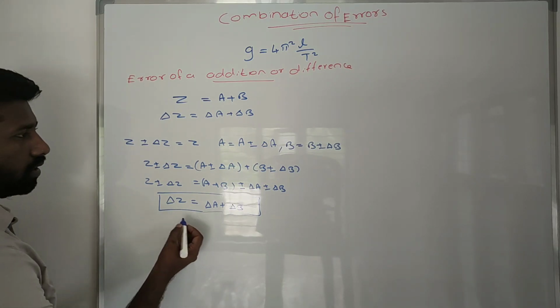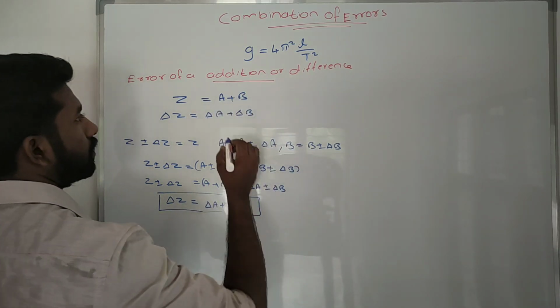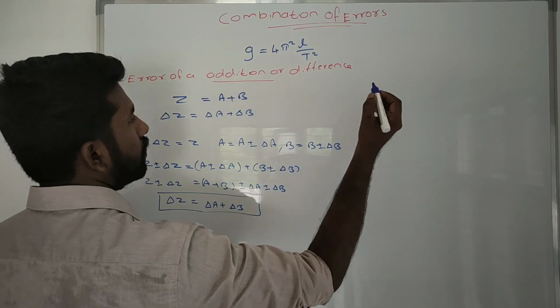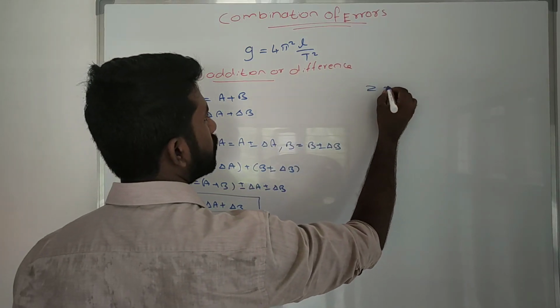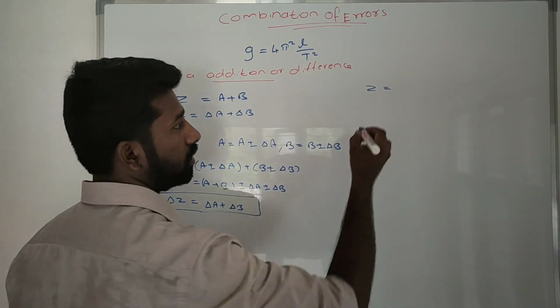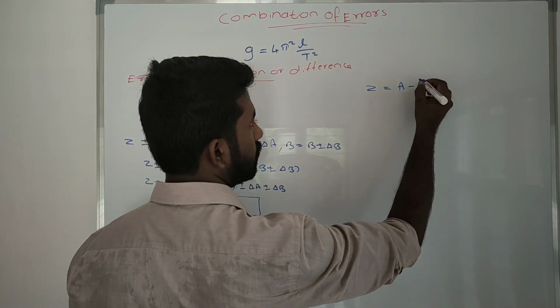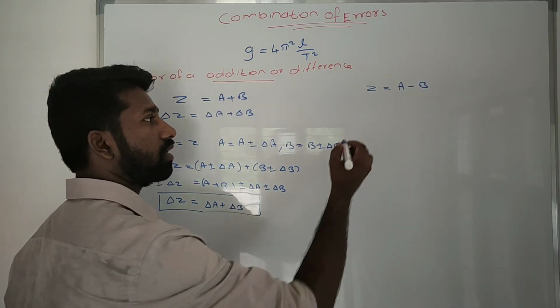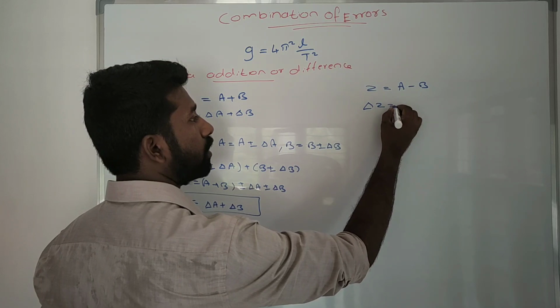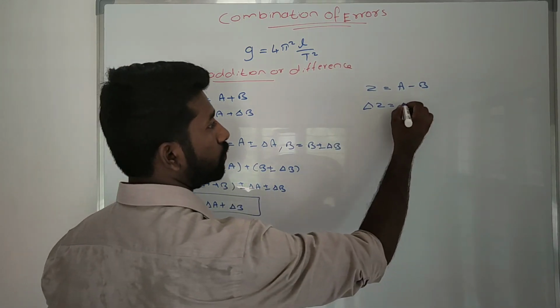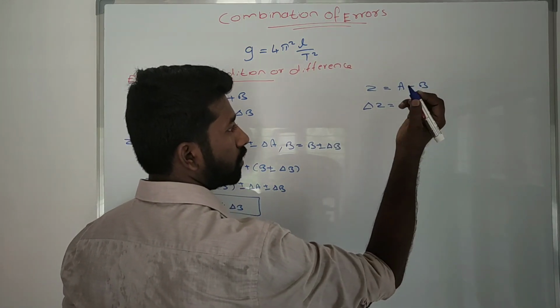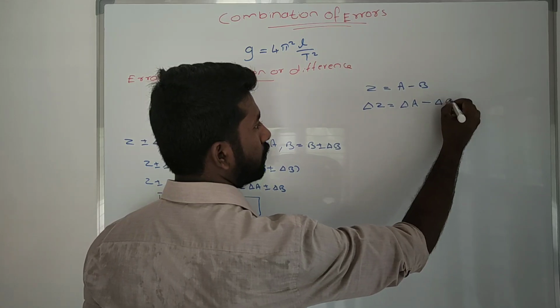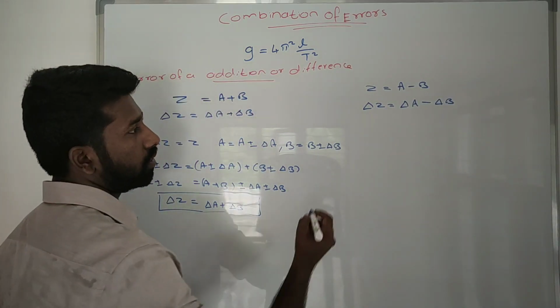Now if the quantity is the difference between two variables, that is Z is equal to A minus B, then the absolute error in Z is equal to the absolute error in A plus the absolute error in B. How do you get this?